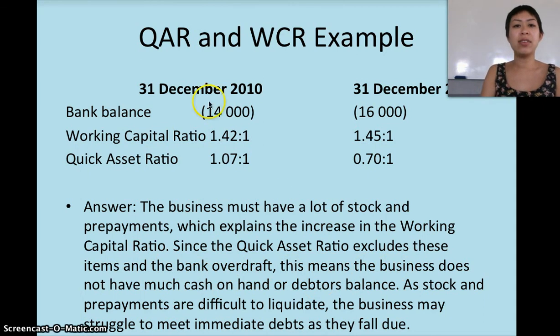This is evident in the bank balance. It's an overdraft, which confirms that they don't have a healthy cash bank balance. And they may also not have much of a debtor's balance. So since stock and prepayments are difficult to liquidate, the business may struggle to meet its immediate debts as they fall due.